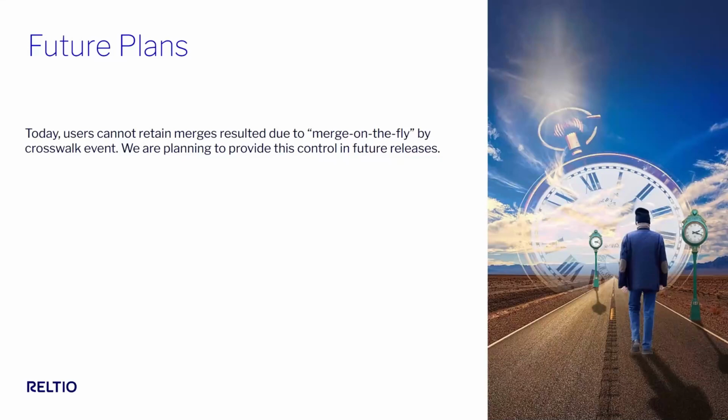One thing I want to point out here, which is not supported right now as of today, is merge on the fly. The merge on the fly concept is you have a crosswalk and you send another crosswalk, not through matching, but you're saying use this existing crosswalk to attach this additional information to it using a different crosswalk. So basically two crosswalks coming together, not as a result of matching, but as a result of the same key being used.